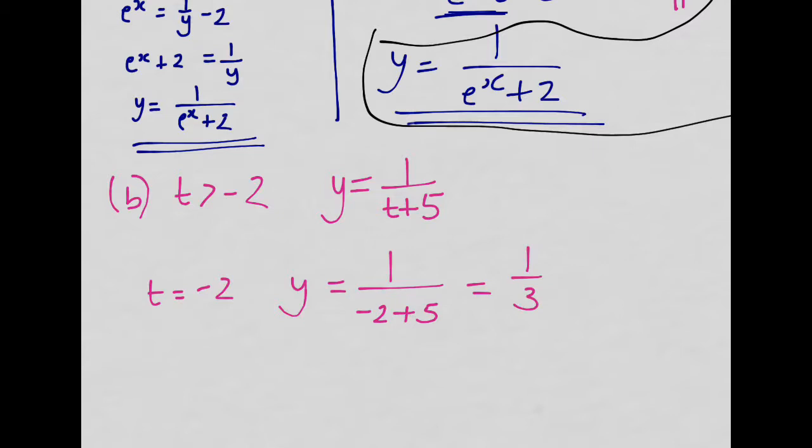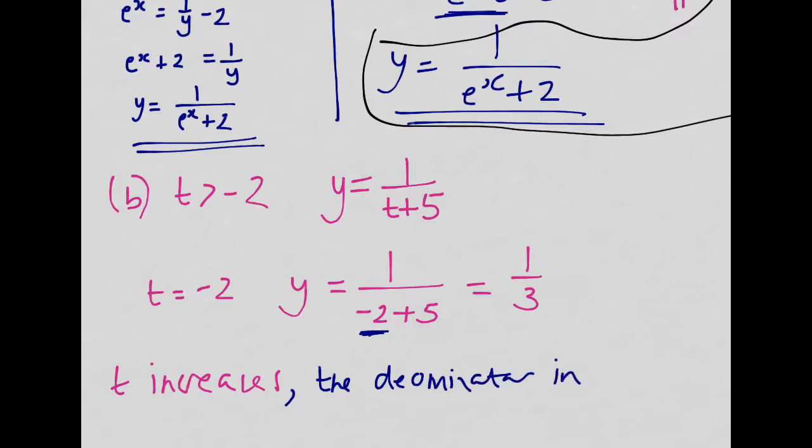Now let's think about what happens as t increases. Here I'm going to have t increasing, that would mean that what I'm dividing by increases. So the bottom bit, the denominator, increases.